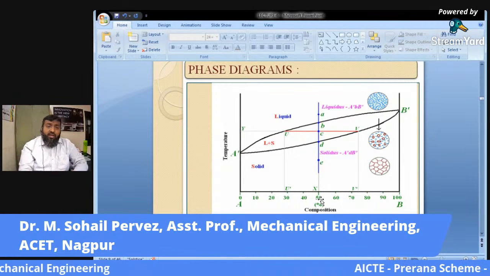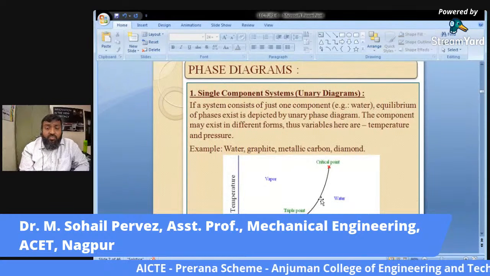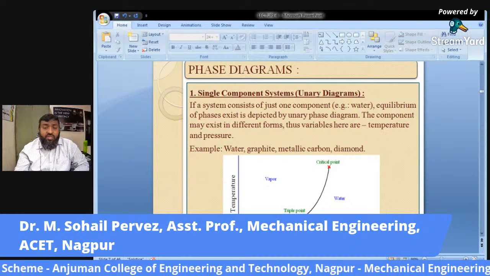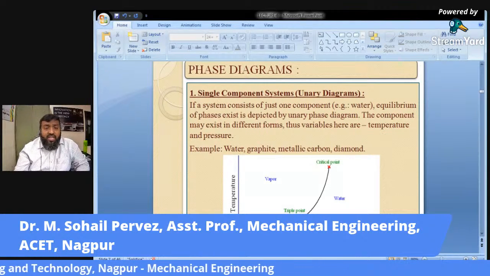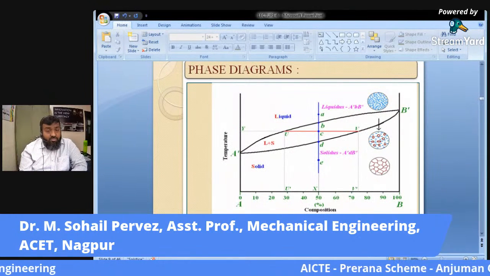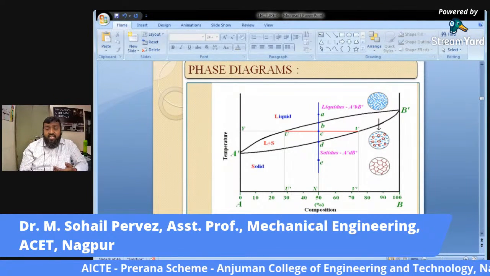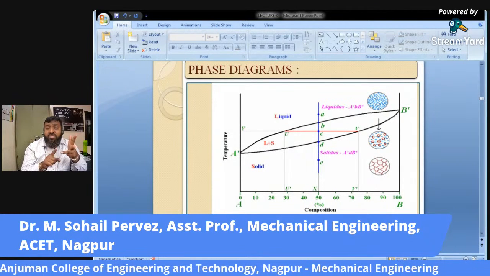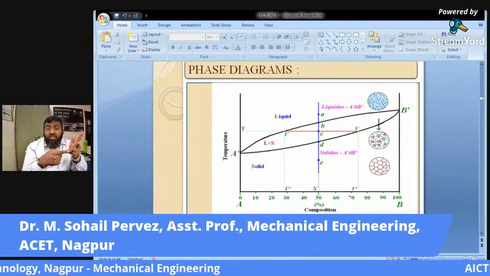Now see, as I have previously told you about the unary system, in that case the graph would be drawn between temperature and pressure, because no percentage composition was of importance as far as the system was unary. Now the system is binary. So we would have to draw a phase diagram taking into account all three parameters, that is temperature, pressure and composition.